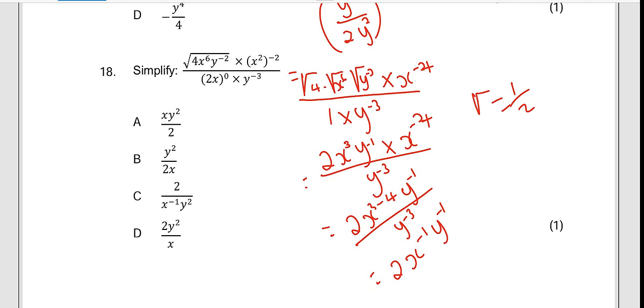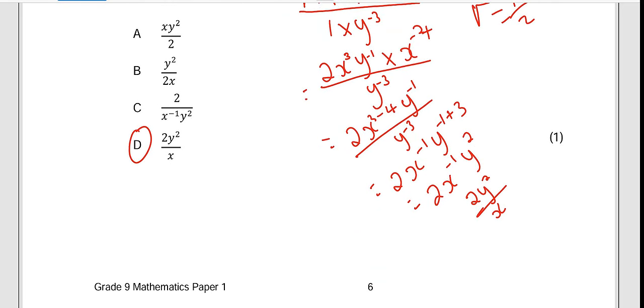I will take this to my denominator to change sign. It's going to be 3. And then the answer is going to be 2x minus 1, y to the exponent of 2. And then the number that has a negative exponent, I will take it down and it will change sign. And here I'll be left with 2y squared divided by x. The correct answer is going to be D.